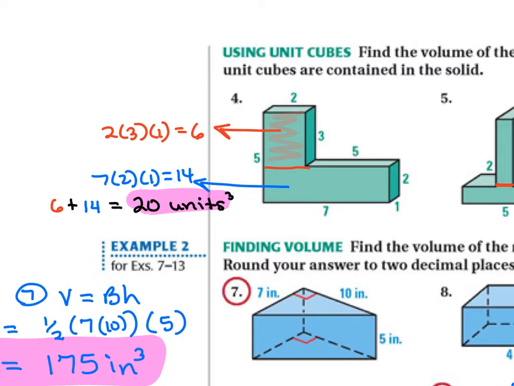So the volume of the top one is 2 times 3 times 1, and I get 6. And then the volume of the bottom one is going to be 7 times 2 times 1, which is 14. Then I take these two, add them, and then the volume of this complex figure here is going to be 20 units cubed.